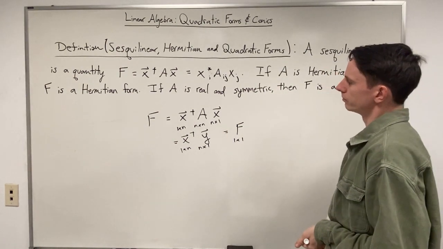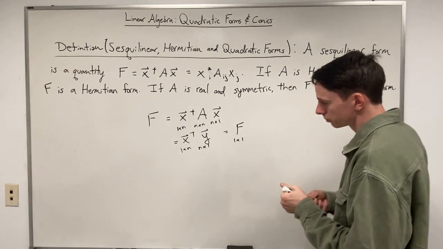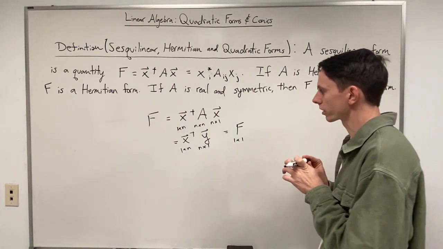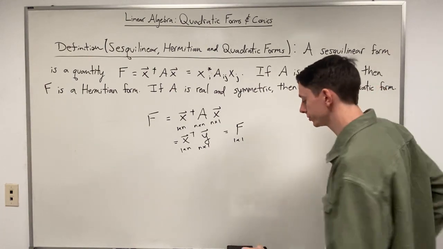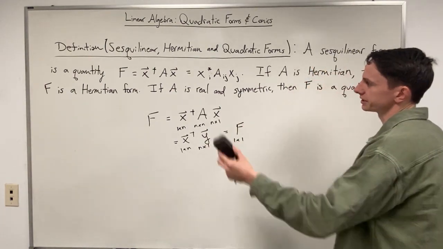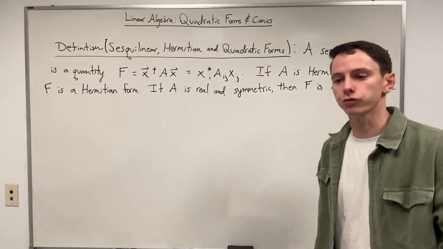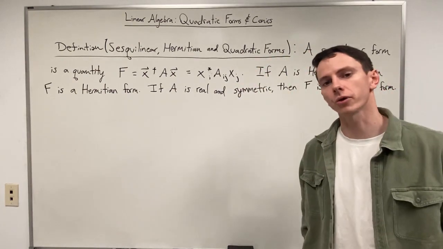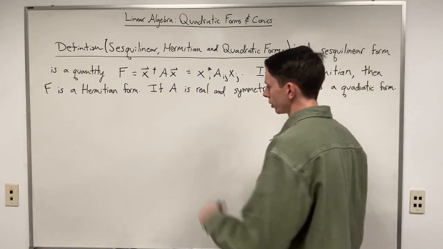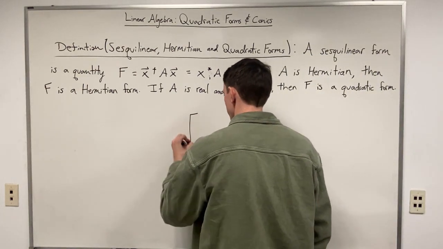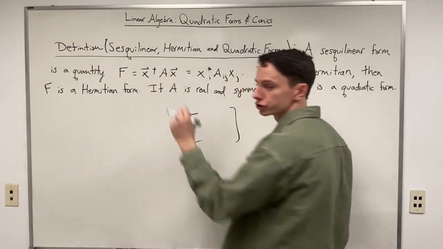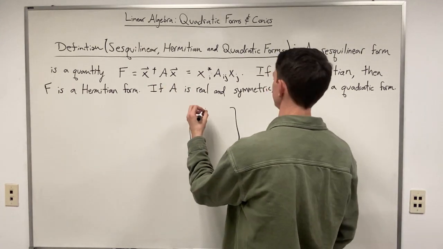And maybe just to quickly provide an example, let's just work with a 2 by 2 case, and we'll start to see how the idea of quadratic forms comes about, even though we haven't gone through that part of the definition yet. So let's just say that my matrix is a 2 by 2 matrix, and we'll keep it general.